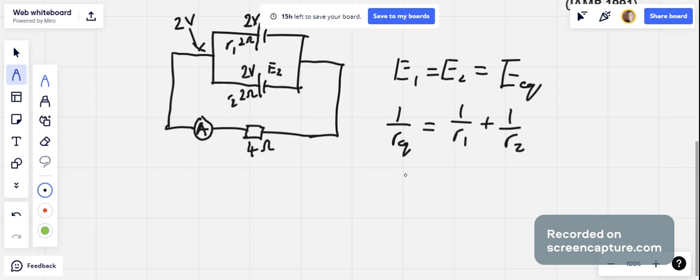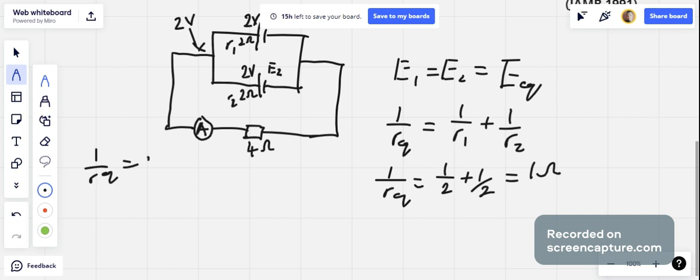Since both of them are the same, 1 over R equivalent will be 1 over 2 plus 1 over 2, which equals 1 ohm. So if you have 1 over R equivalent equals 1 ohm, you take the reciprocal of that, you find out that your small letter r equivalent, the summation of the internal resistance, will be 1 ohm.